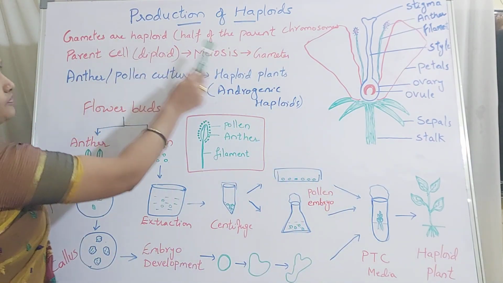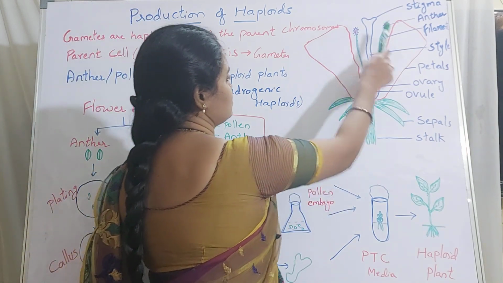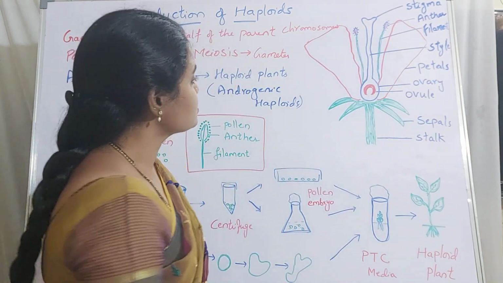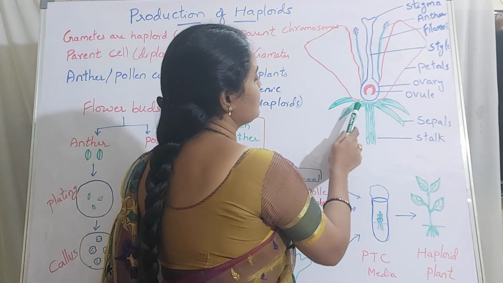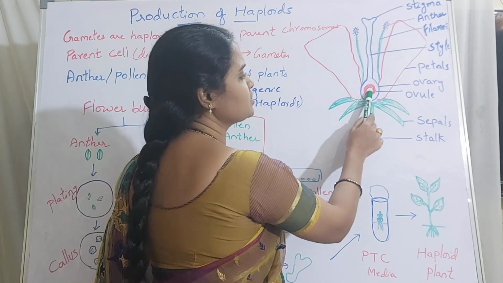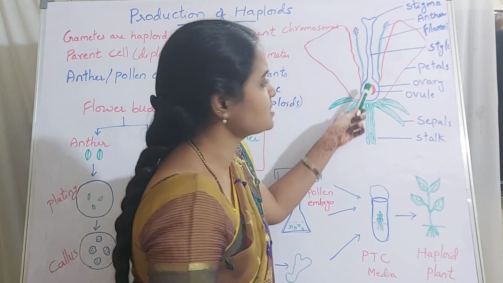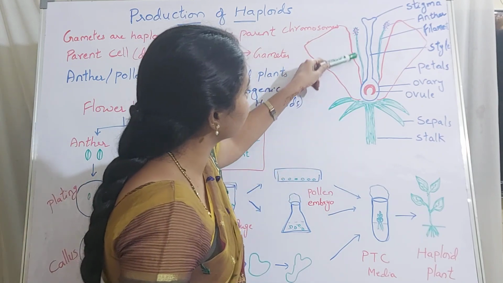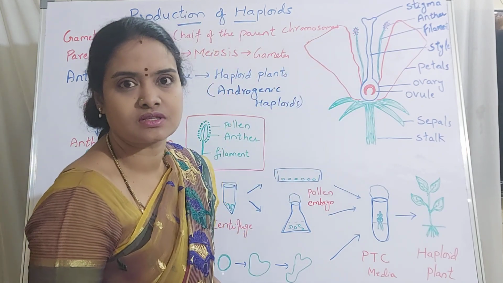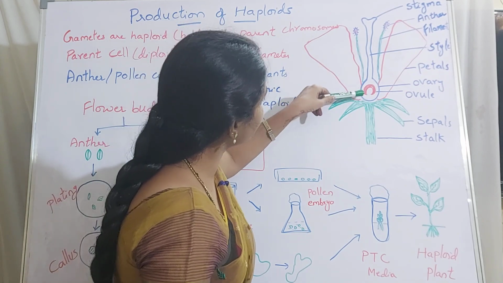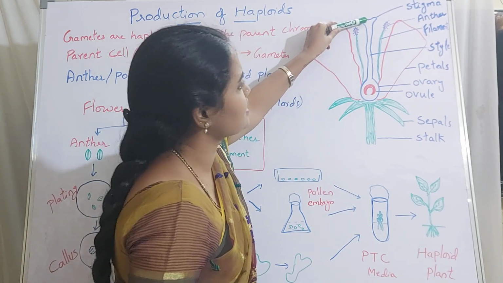Here you can first see the structure of the flower, right? In the flower these are the parts. Here you have the gynoecium. Gynoecium is the female reproductive system, and the androecium is the male reproductive system, right? Here in this flower you can see this is the stigma.